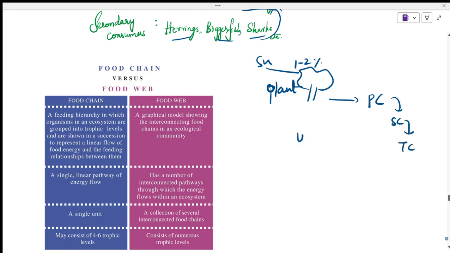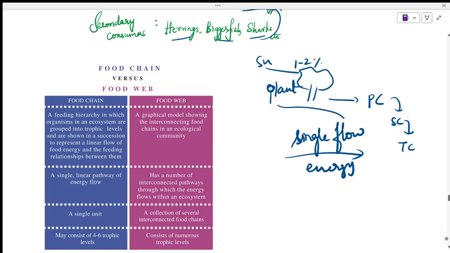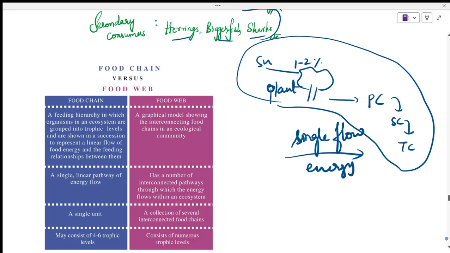It means a single flow or unit flow is happening here. Okay, only one single energy flow is happening. And also it's very simple, not much complex, right? It also tells about 4 to 6 trophic levels: 1 trophic level, 2, 3, 4, right? And it won't deal with complexities.